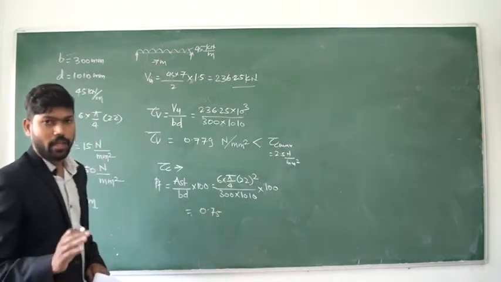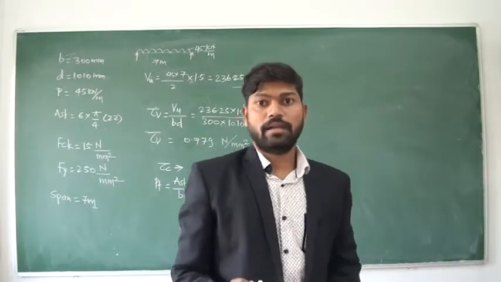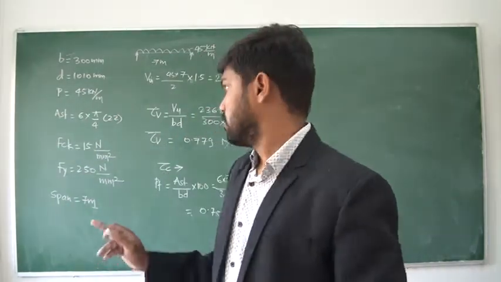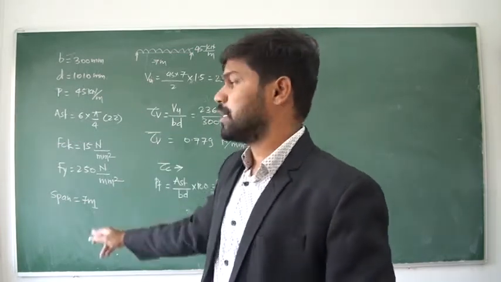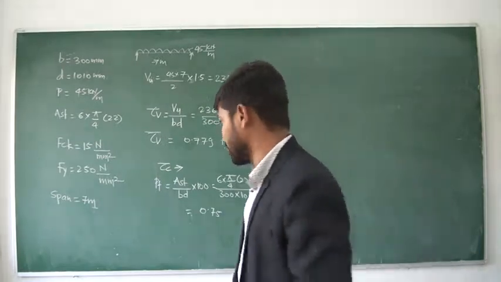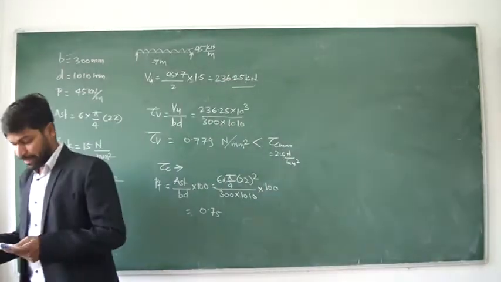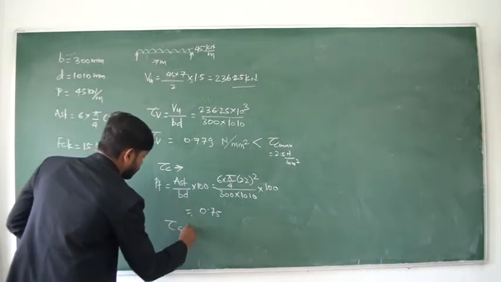Now if we refer to the chart of IS 456, for the given grade of concrete, that is M15, and percentage reinforcement 0.75, you will get the tau c value as 0.54.